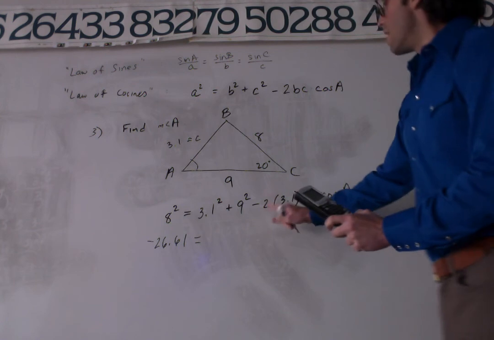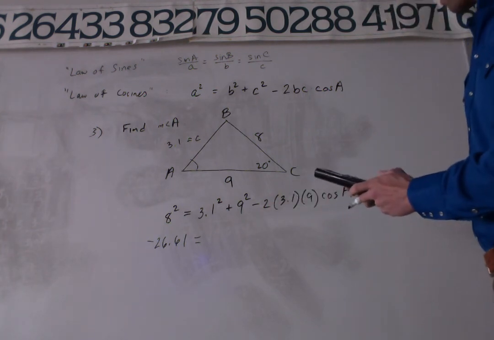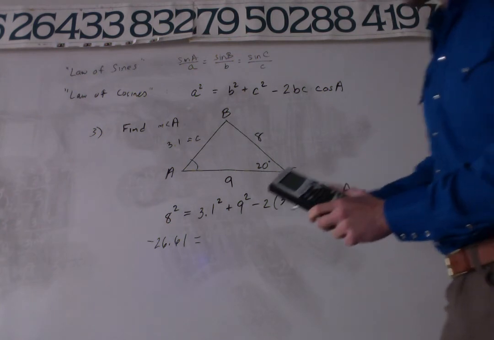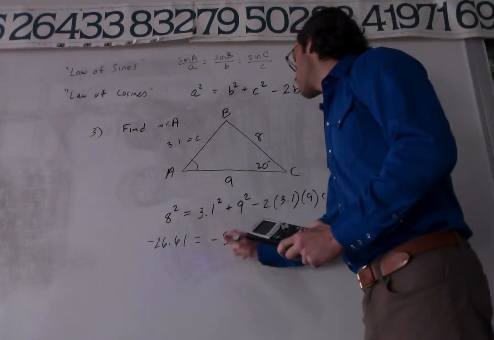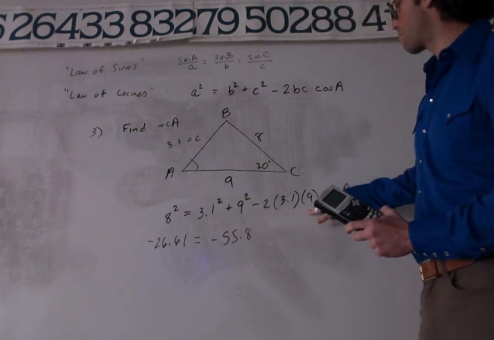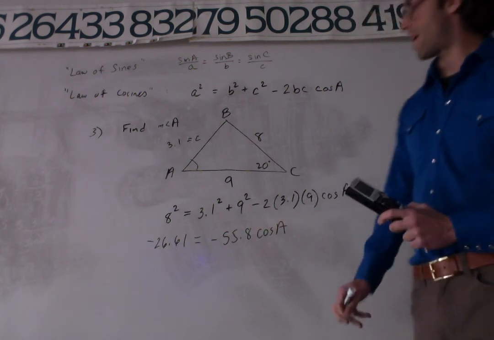equals. Now I'm going to do negative 2 times 3.1 times 9. And I got negative 55.8. That is the coefficient, this whole product, the coefficient on cosine A. All right?